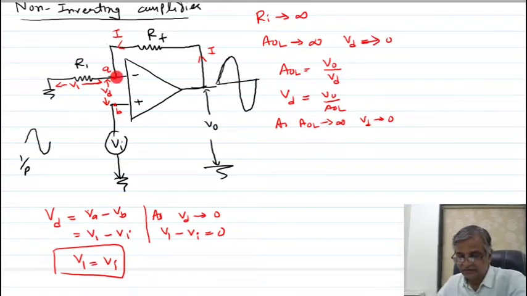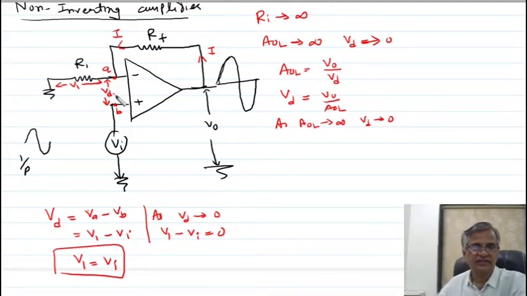Listen, this potential is this potential. The potential at point A is the potential at point B, the same potential Vi, because Vd tends to 0.